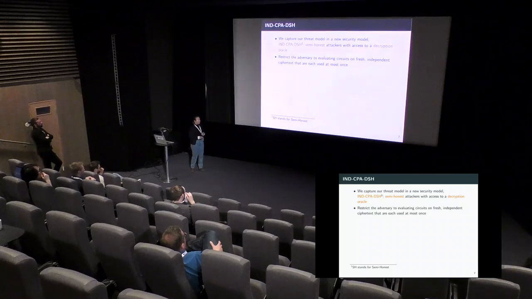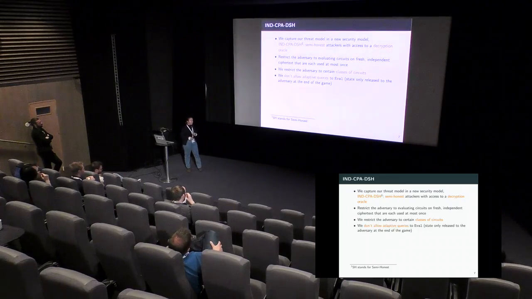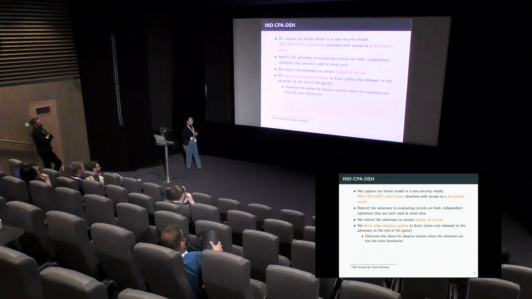We restrict the adversary to evaluating circuits on fresh, independent ciphertexts that are each used at most once. We restrict the adversary to certain classes of circuits, and I'll talk a little bit more about that later. We don't allow adaptive queries to the evaluation oracle, so the state is only released to the adversary at the end of the game, because we point out that otherwise this allows for adaptive attacks where the adversary can bias the noise distribution.